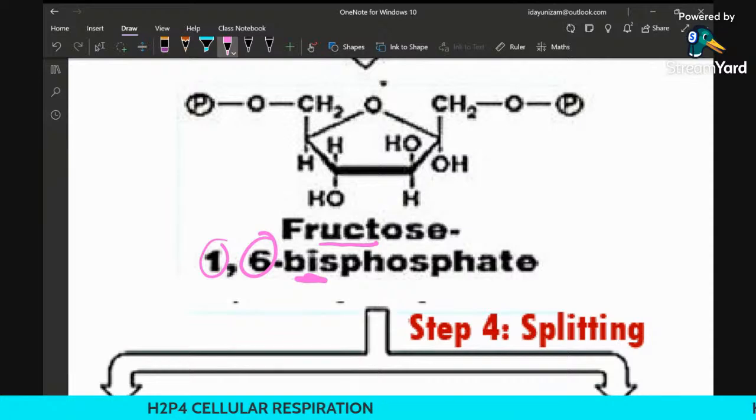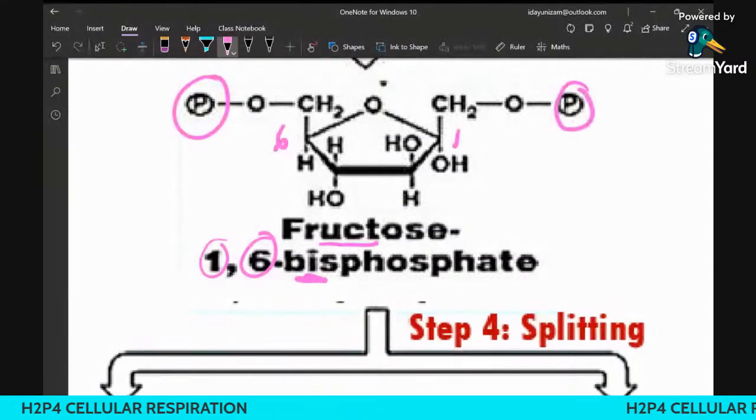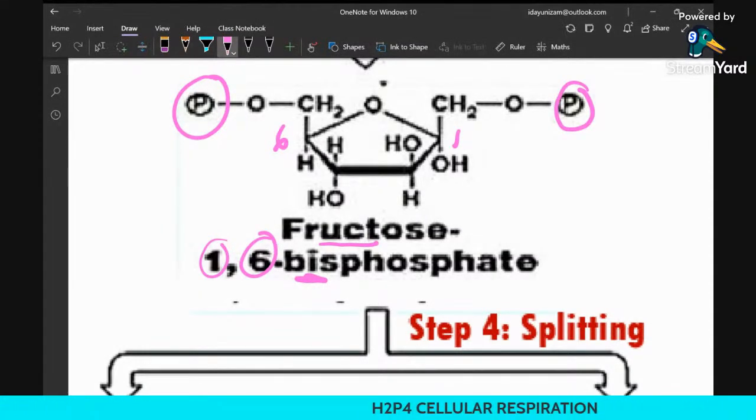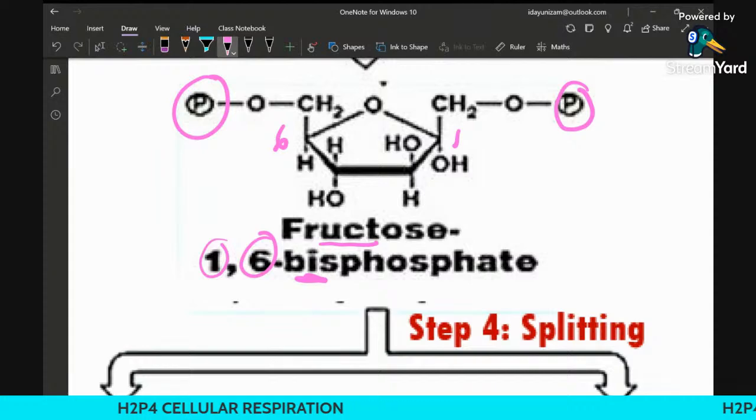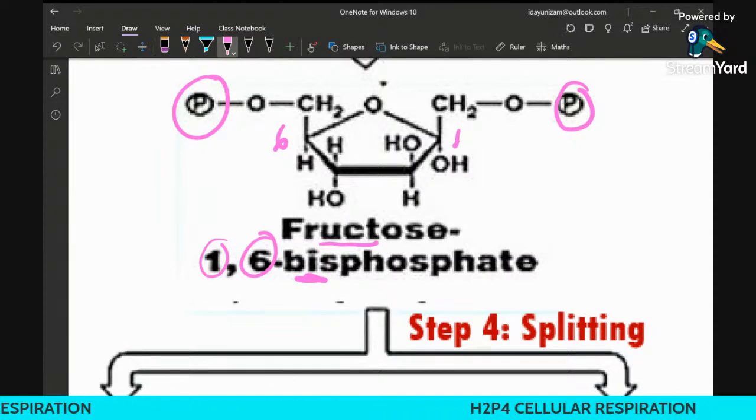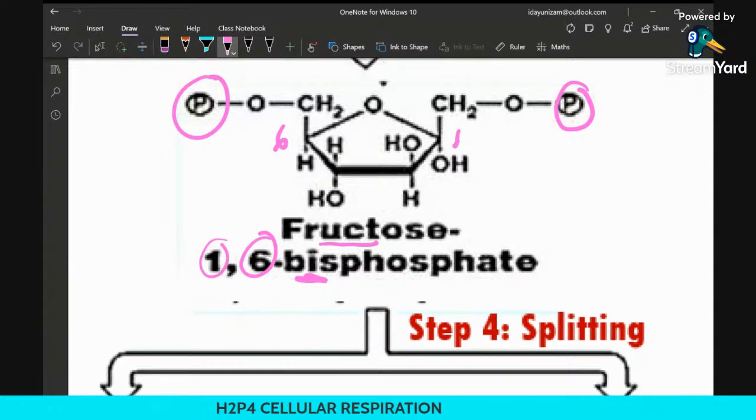This is carbon number 1 and this is carbon number 6. So the name of this molecule is fructose, still 6 carbon, but the phosphate groups are on carbon number 1 and carbon number 6, and we call it bis. Bis means this molecule has 2 phosphates. Right, okay, now the next process is splitting.